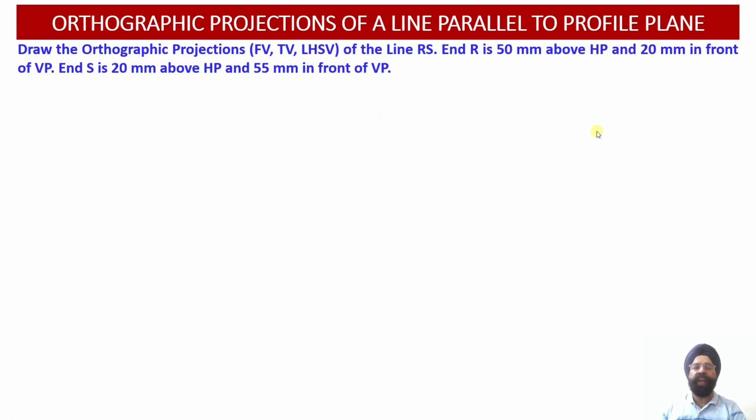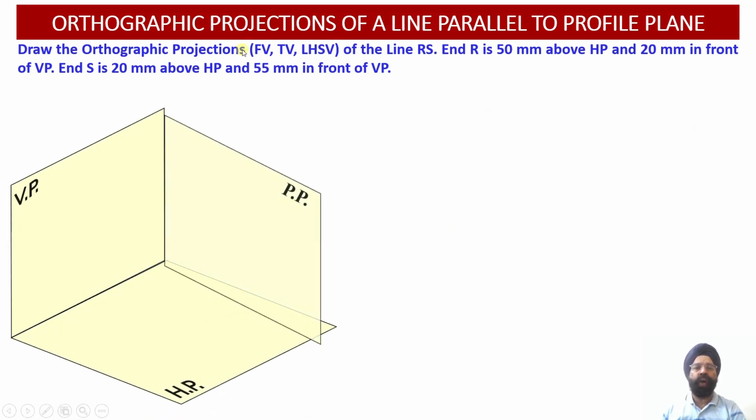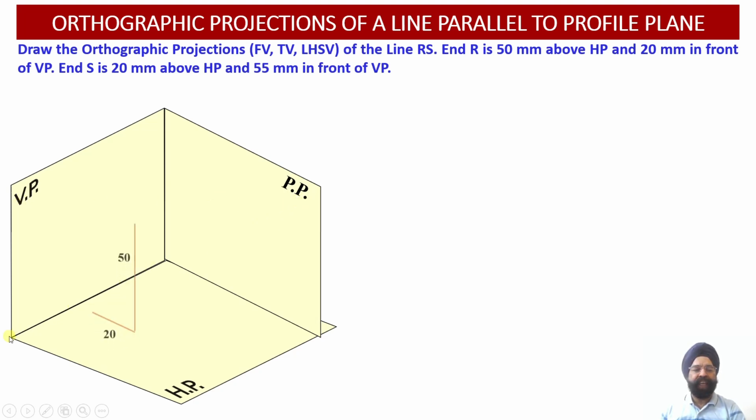First of all, we are going to obtain the spatial coordinate locations of the two points R and S in the 3D space using the horizontal plane, vertical plane and the profile plane. Here we have the XY reference line, and this is the X1 Y1 reference line.